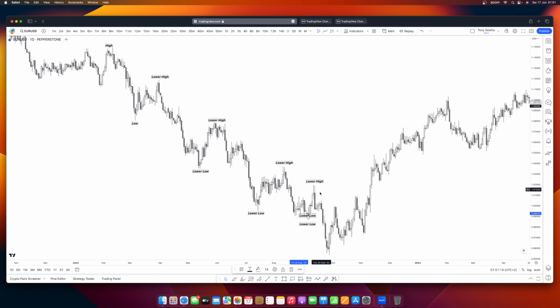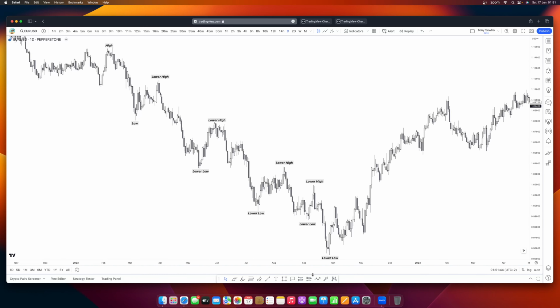So Euro USD, at some point in the past, was downtrending, as you can see. From February 2022, see lower low, lower high, lower low, lower high, lower low, lower high, lower low, lower high, lower low. So you can see the price has been selling all the way to the downside. Right, so this is an example of a downtrending market.